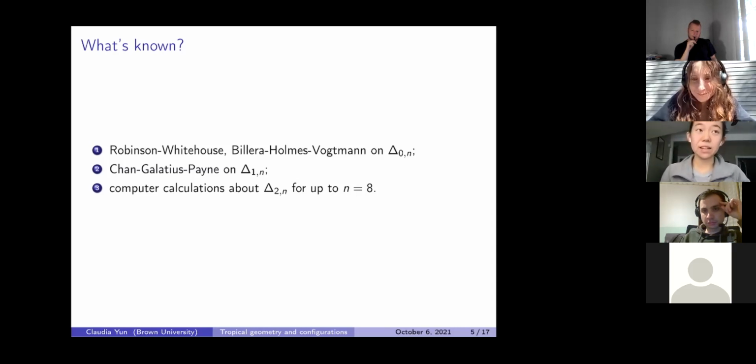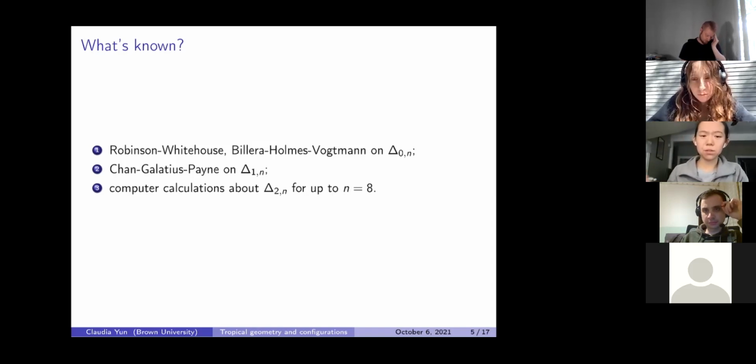In an earlier paper, Chan was able to compute by computer the rank of the rational homology groups of delta 2,n for n up to 8. And in an earlier paper by myself, I computed the S_n representation afforded by these homology groups of delta 2,n for n up to close to 8.